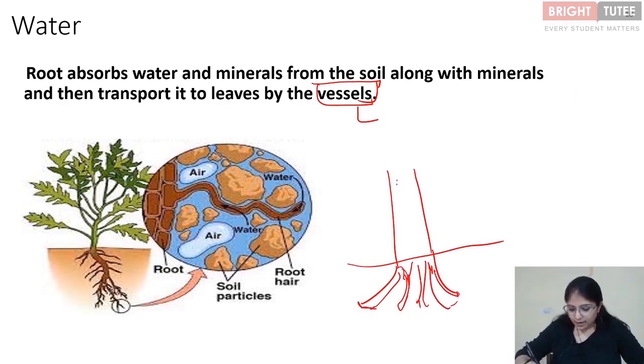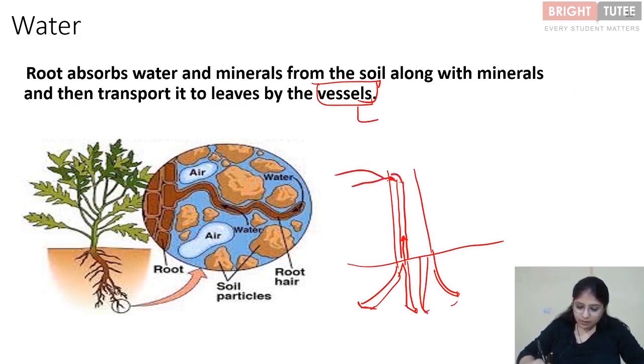What happens is there is a vessel-like structure. You will study about this in detail in the coming chapters. The water that is taken up by the roots goes up to the leaf with the help of this particular vessel, right?